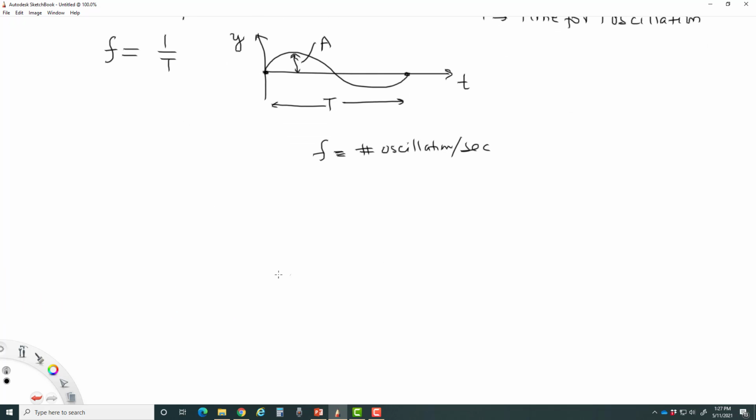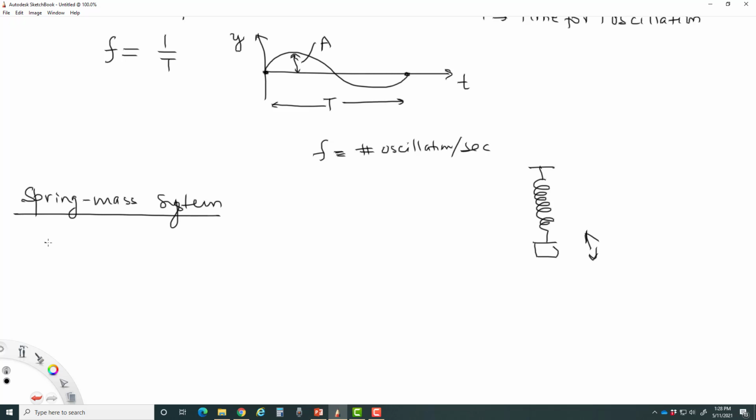So now we talked about this spring mass system in our lab. For a spring mass system oscillating under gravity, moving up and down, its time period is given by this formula. It's T equals 2 pi square root of m over k.